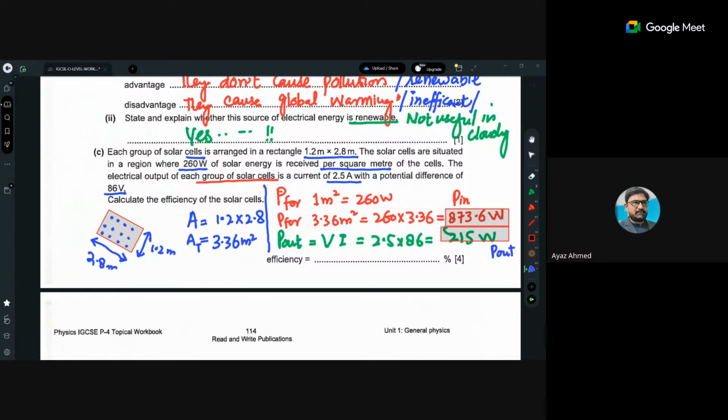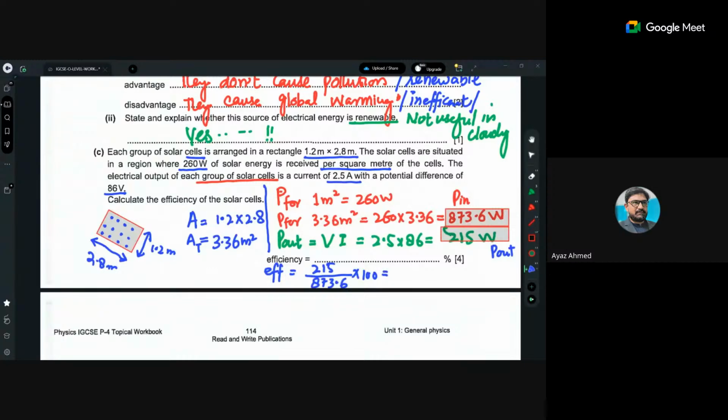So when you talk about efficiency, I'm not going to write that formula directly because I have less space, but you can write output power divided by input power. So 215 divided by 873.6 times 100.